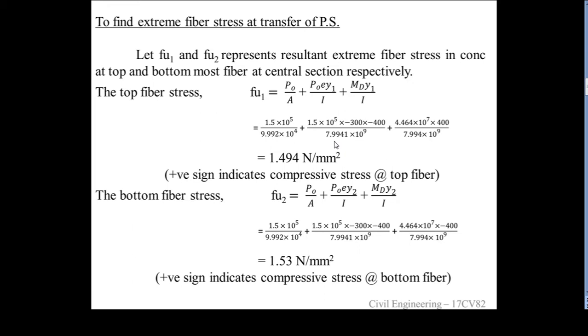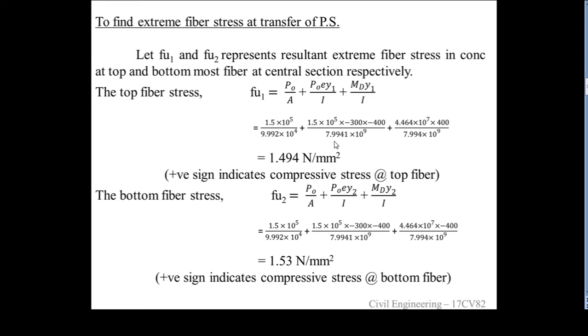The bottom fiber stress Fu2 is equal to P naught by A plus P naught E Y2 divided by I plus MD Y2 divided by I. That is equal to 1.5 into 10 raised to 5, that is P naught, divided by 9.992 into 10 raised to 4, that is A, plus 1.5 into 10 raised to 5 into minus 300, that is the E value, into Y2 which is minus 400, that represents the bottom distance, divided by 7.9941 into 10 raised to 9.